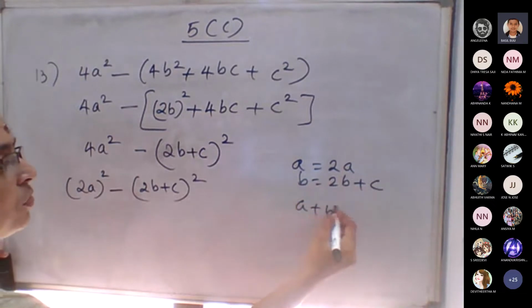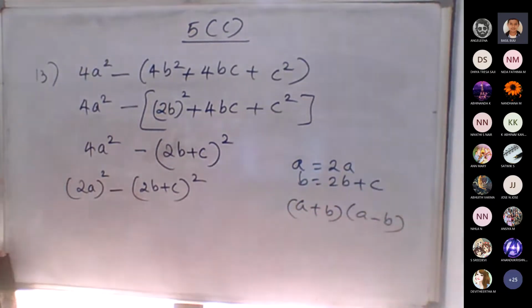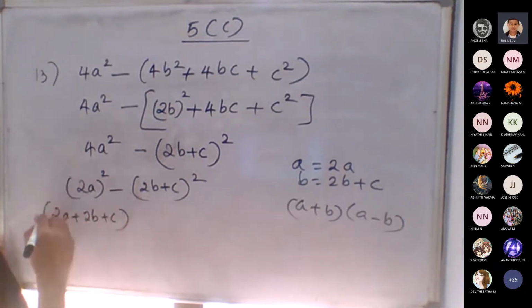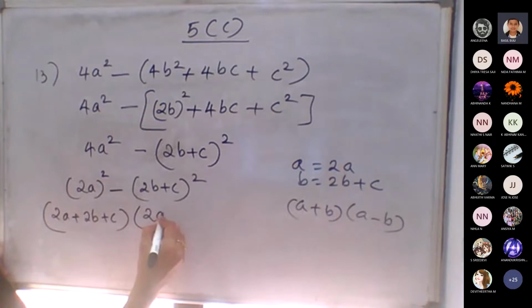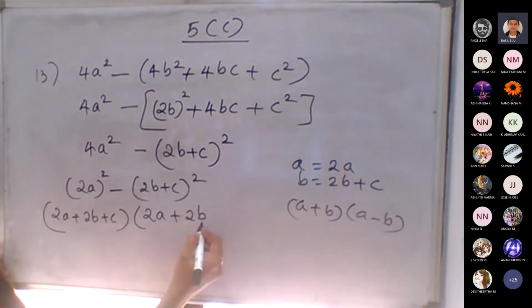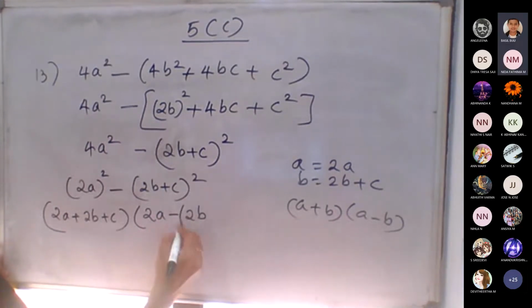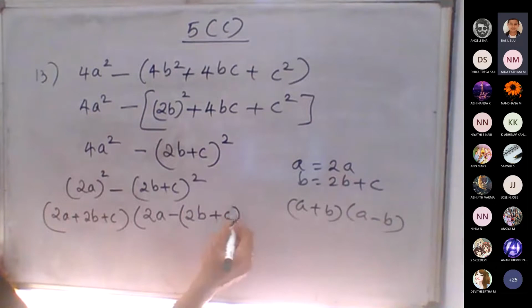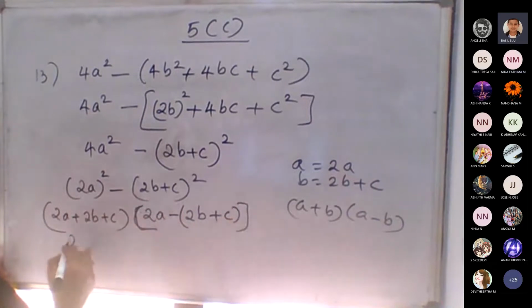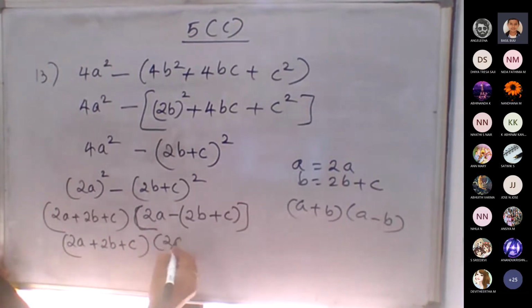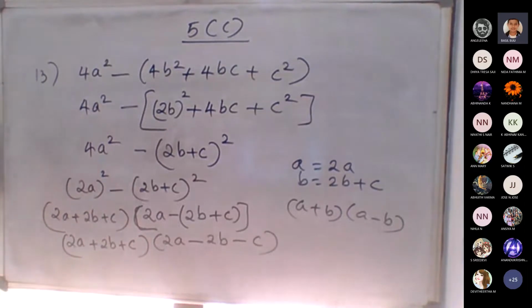So in a plus b into a minus b form: 2a plus 2b plus c into 2a minus 2b minus c. So it will be 2a plus 2b plus c into 2a minus 2b minus c. That is the answer. That minus you have to take.